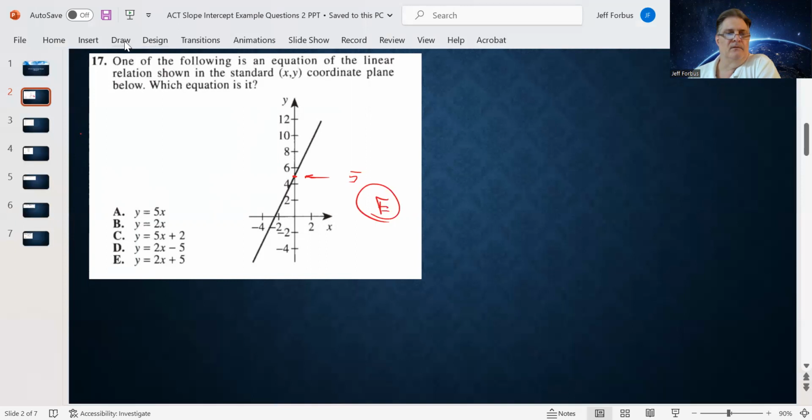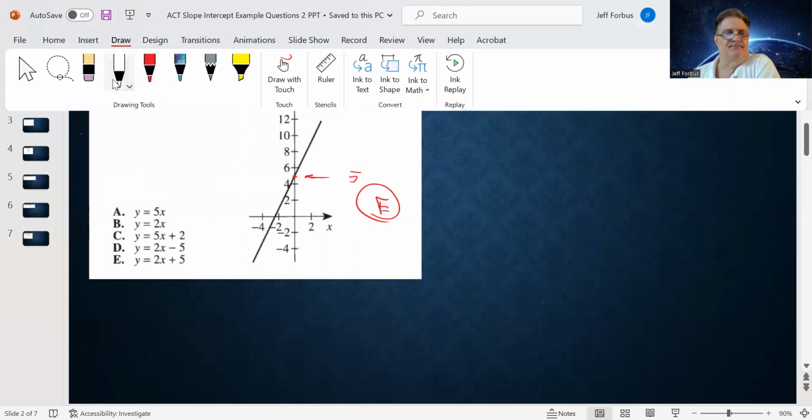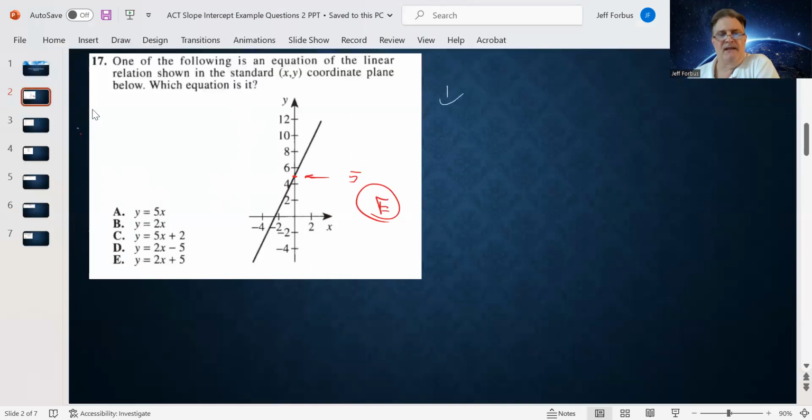Now, that was real quick, but keep in mind this idea. We're looking to always fit our line to this slope-intercept formula, y is equal to mx plus b. The thing that you can do is you could also take one of the coordinate points like 0 and 5, right?